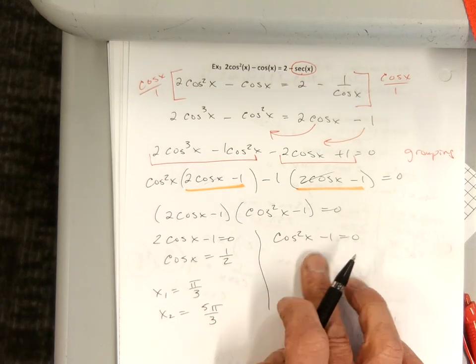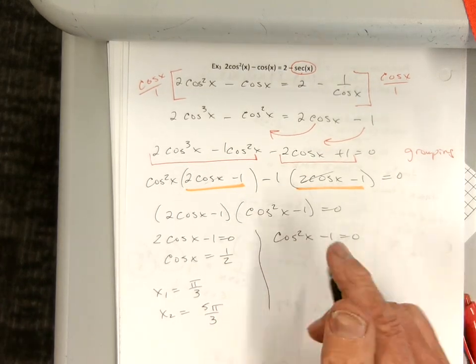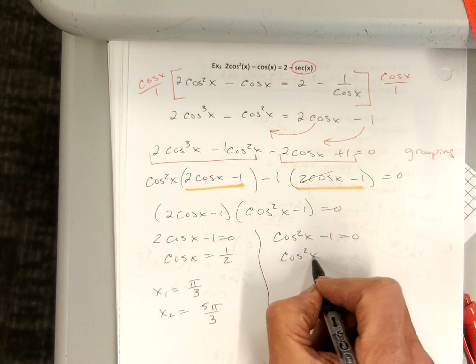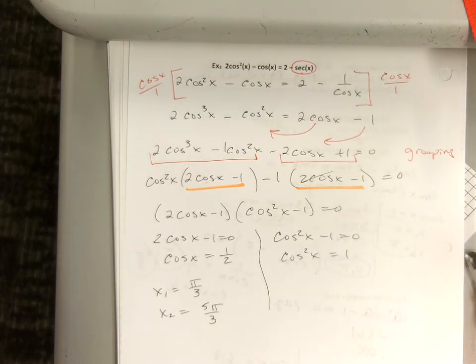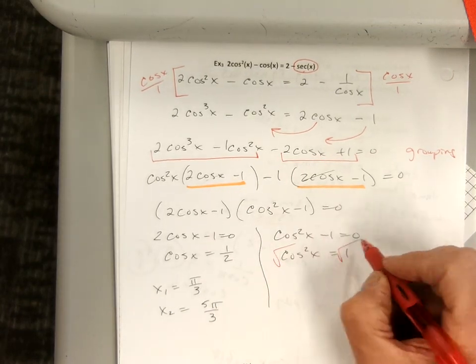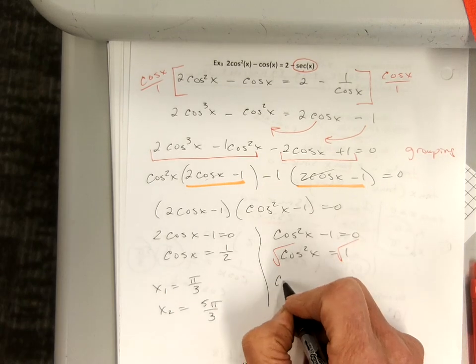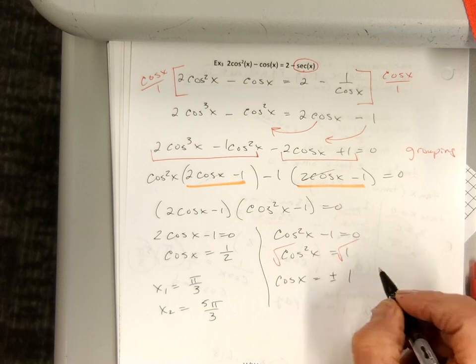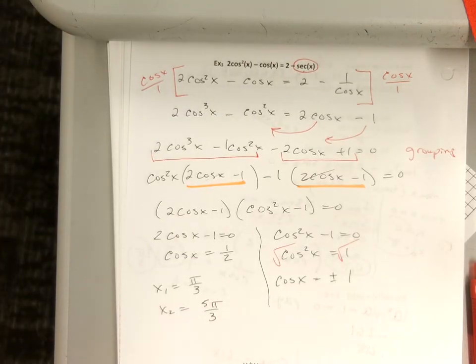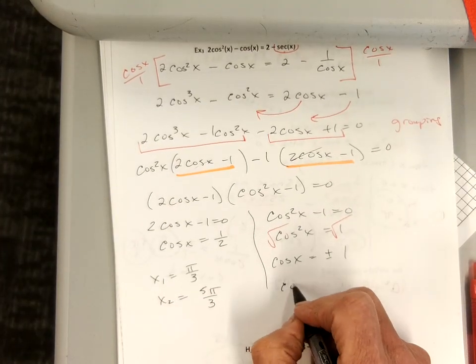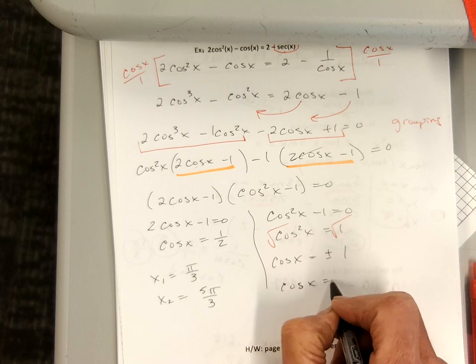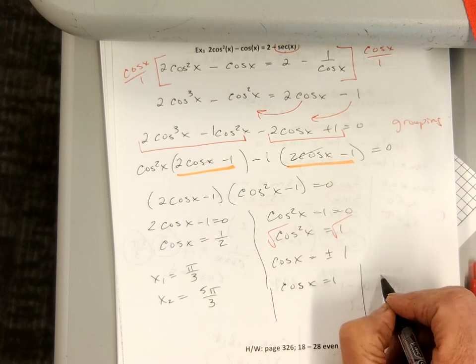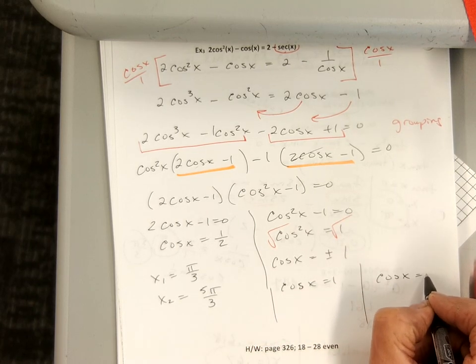Okay, now let's solve this side. Plus 1, plus 1. Square root, right? So I'm going to have cosine of x equals plus or minus, because you square root 1. So that means we'll have cosine of x equals 1 and cosine of x equals negative 1.